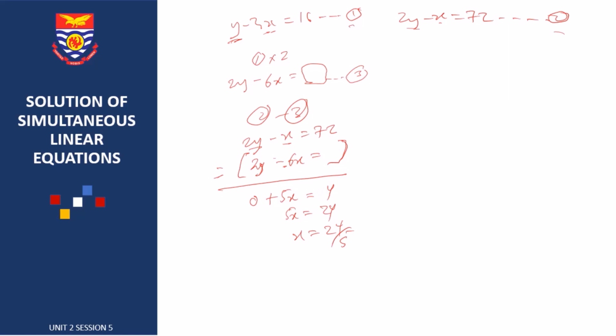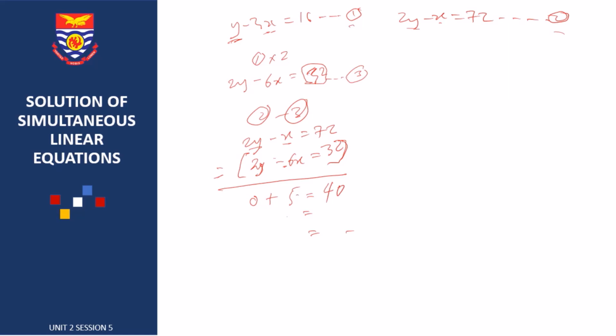So 32. So 2y minus 2y is 0, minus x plus 6x, it's like 6 minus 1, which gives me 5. So I have 72 minus 32, which gives me 40.